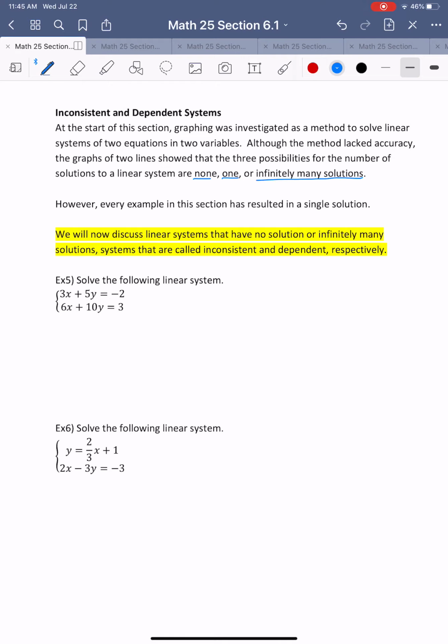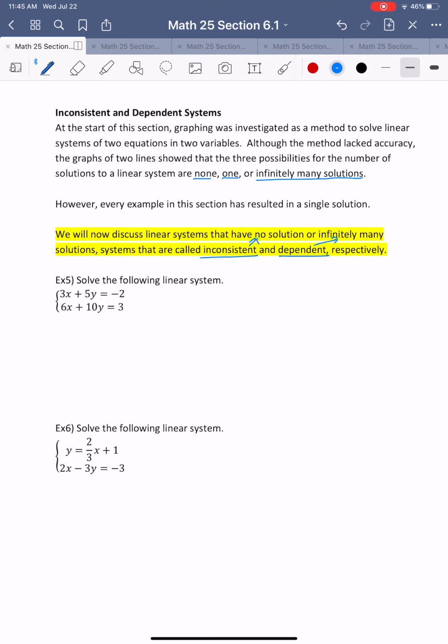However, every example in this section has resulted in a single solution. We will now discuss linear systems that have no solution or infinitely many solutions, systems that are called inconsistent for no solution, and dependent for infinitely many solutions. Let's solve the following linear system.